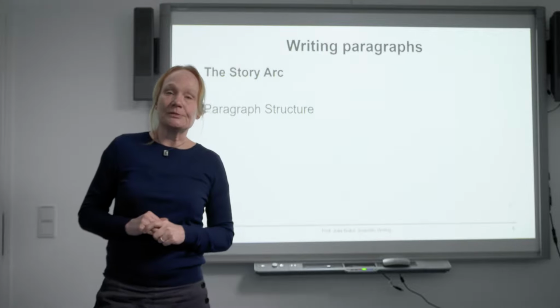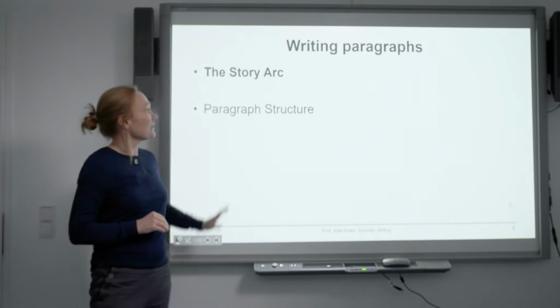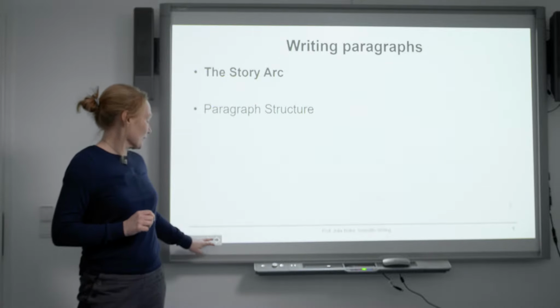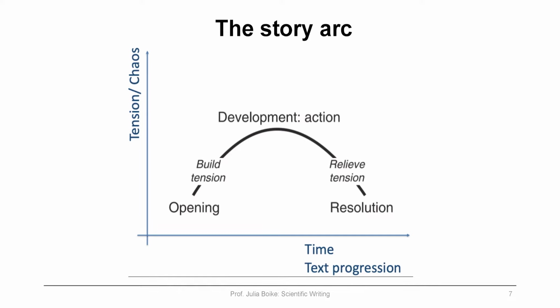First of all, now I will talk about the story arc. Then second, we go into details of the story, of the paragraph structure. So the story arc: you all know books, you all have seen movies, Hollywood movies, and all of this lives because you have an arc in there.